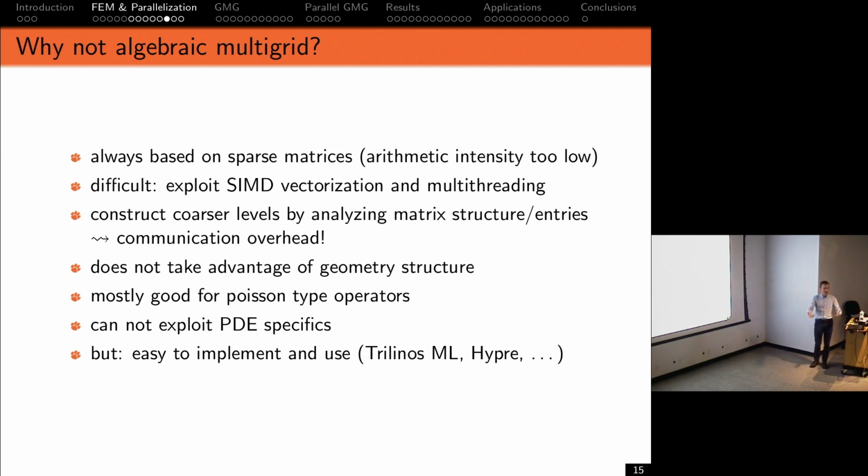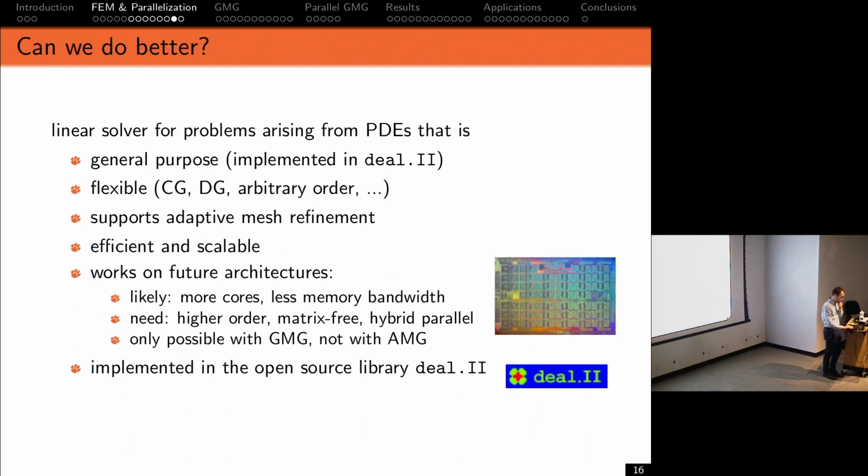I have a mesh that is refined, and I'm throwing that away. AMG is really good for Laplace or Poisson type problems, but it's much harder to exploit PDE-specific things. On the other hand, it's easy. People have done it, so I can just point my library at it, and it works. You might have heard of Trilinos ML, for example.